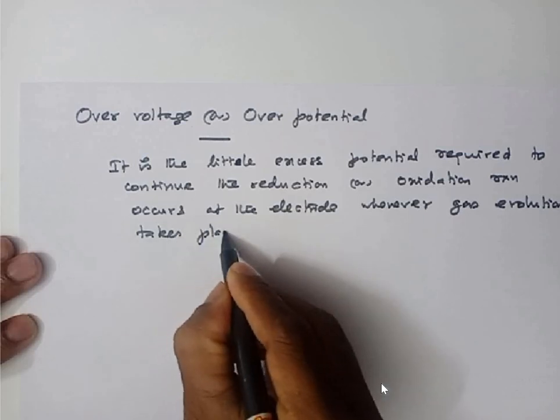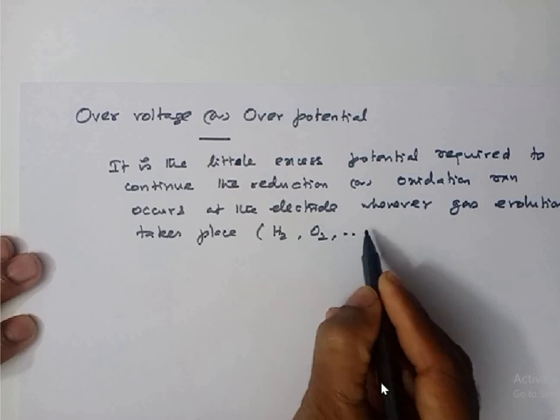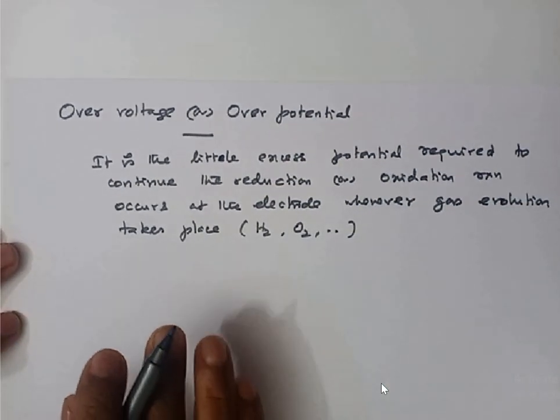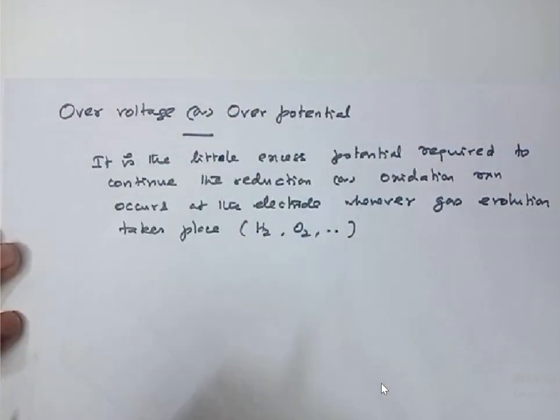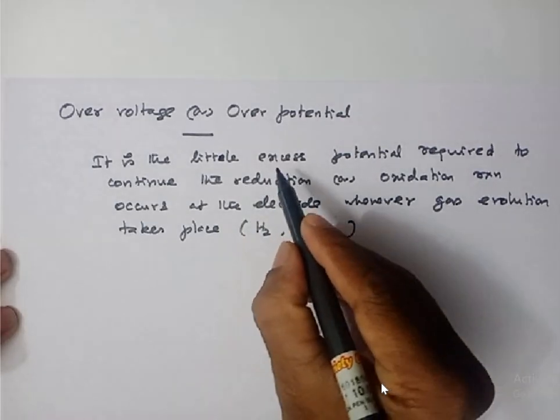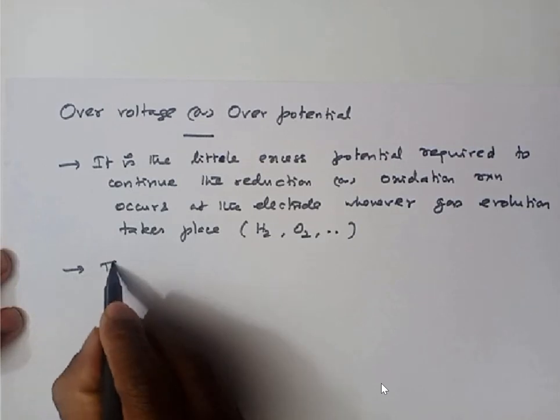Right? Very specifically hydrogen gas or oxygen gas. If gas evolution occurs at the electrode, then we require a little excess potential to continue the reduction reaction or oxidation reaction. This excess potential is what we call over potential or over voltage.